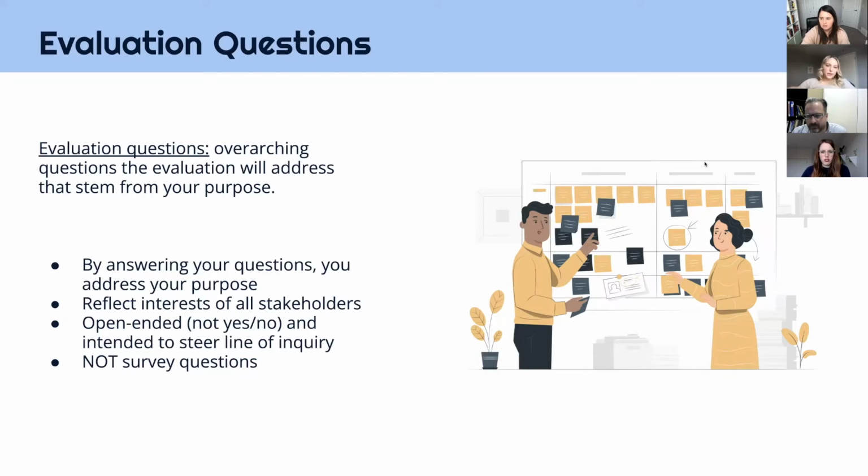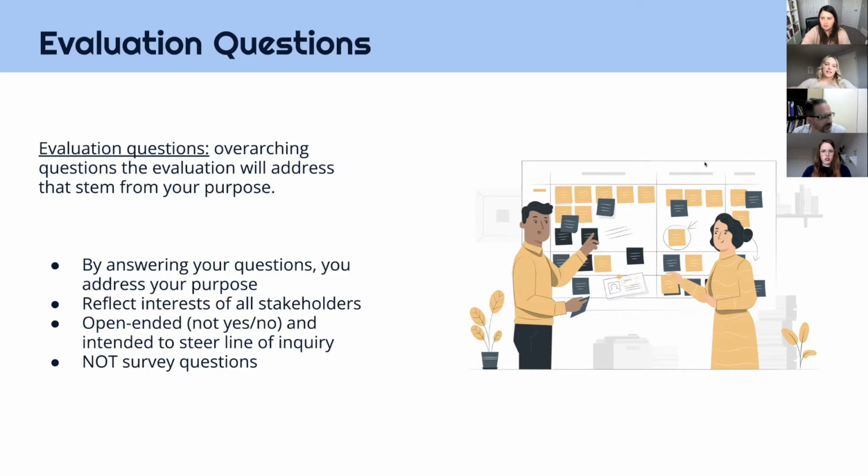And also, if you don't have those specific evaluation questions, it can be really frustrating when you start to develop those data collection tools, like we were talking about, the surveys and the interview guides, because you won't know what kind of questions to ask, and there'll just be an endless amount of possibilities and an endless amount of questions that you could possibly address in regards to your program.